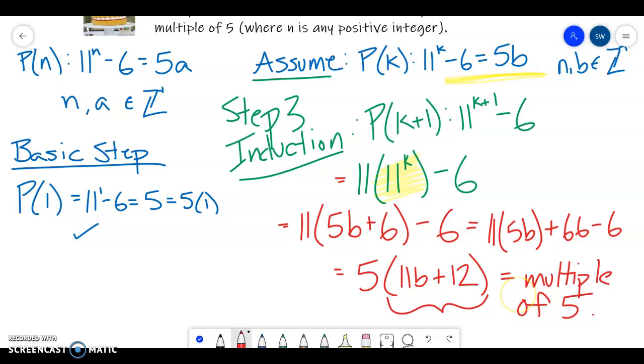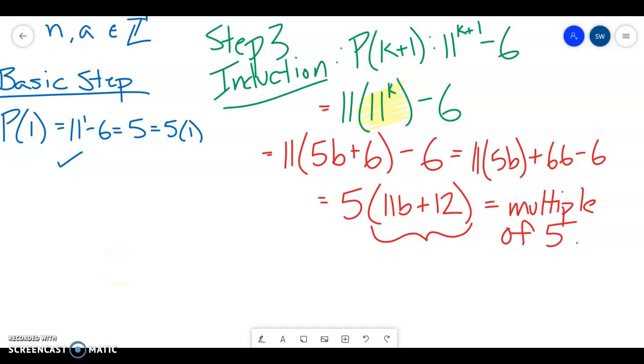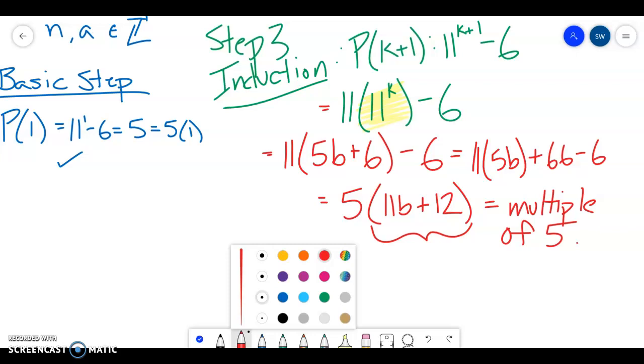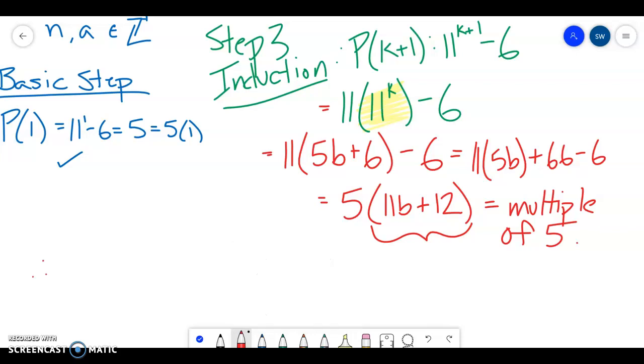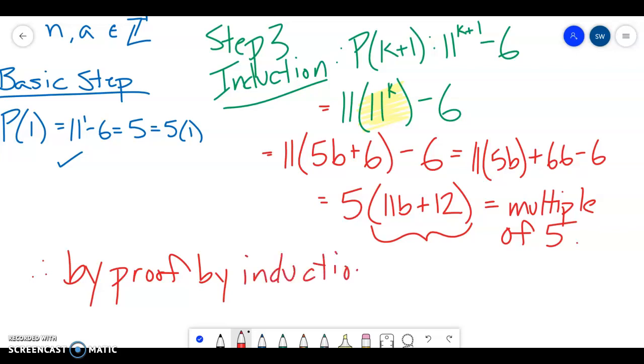All that's left to do, to be good math students, is wrap it up and say some type of therefore sentence. You say, therefore, by proof by induction, 11^n minus 6 is a multiple of 5 for all n in the positive integers.